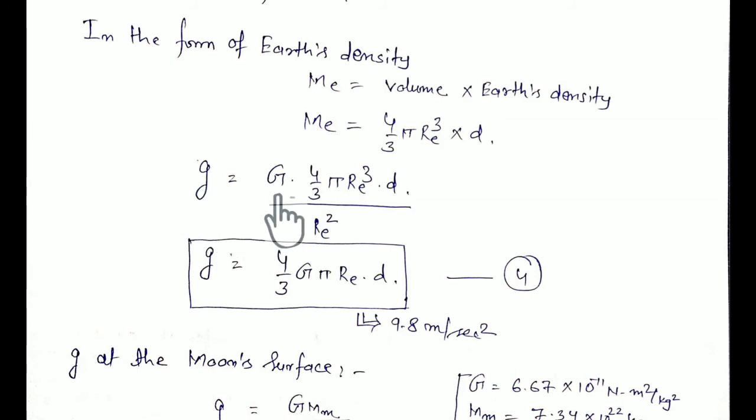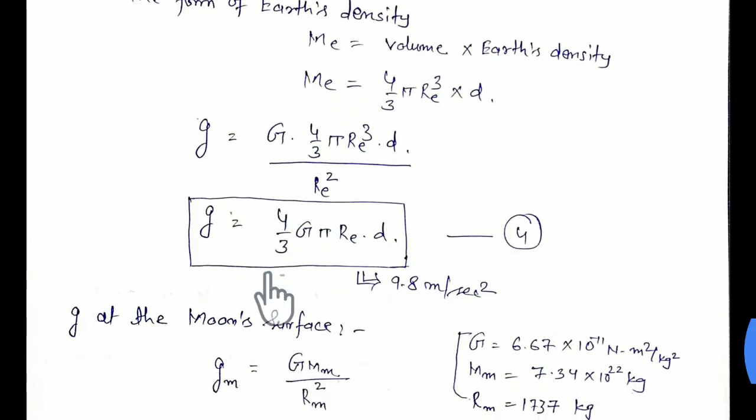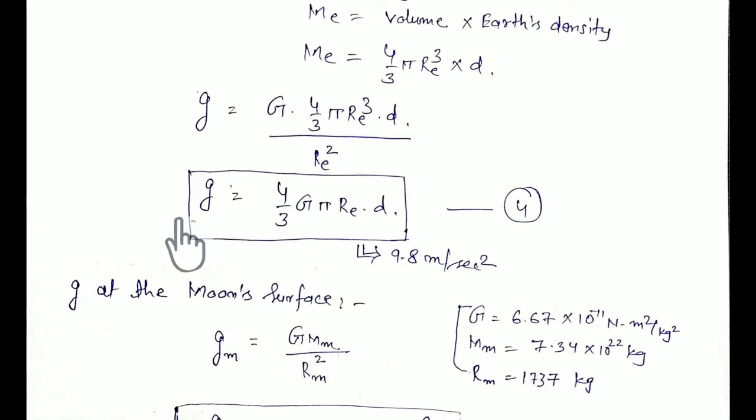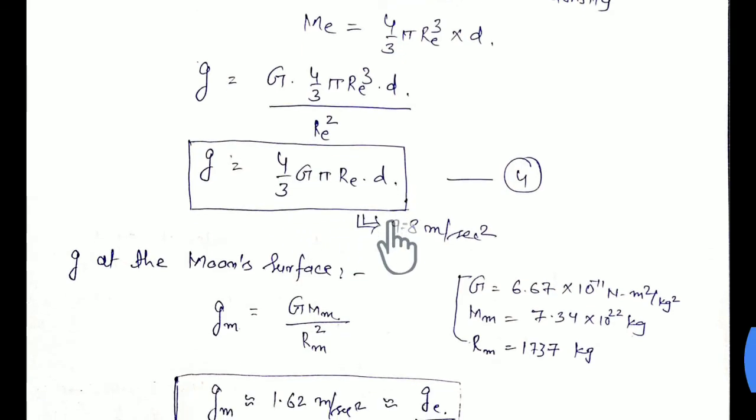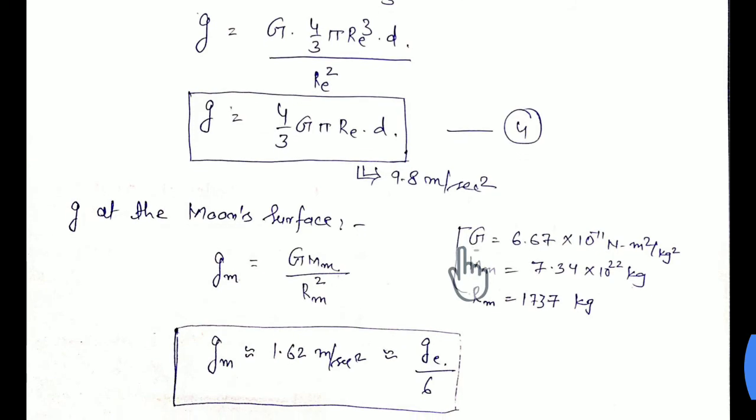Small g is equal to G Me. We will put the value of Me as 4 by 3 pi Re cube multiplied by d. So we will get the value of small g in the form of density, 4 by 3 G pi Re d. By putting all these values, we will get g is equal to 9.8 meter per second square.